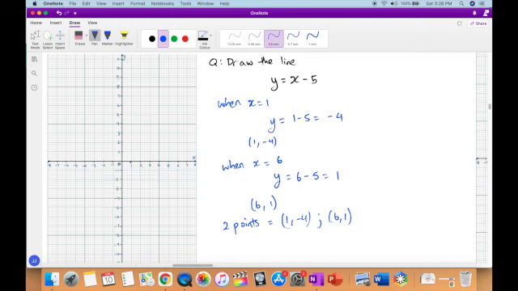I have (1, -4), which is here. You notice I went on the x and I found 1, and anywhere on this vertical line, x will be equal to 1. I come down until I find -4 on the y, and that's the first point. The second point is 6 on the x, 1 on the y.